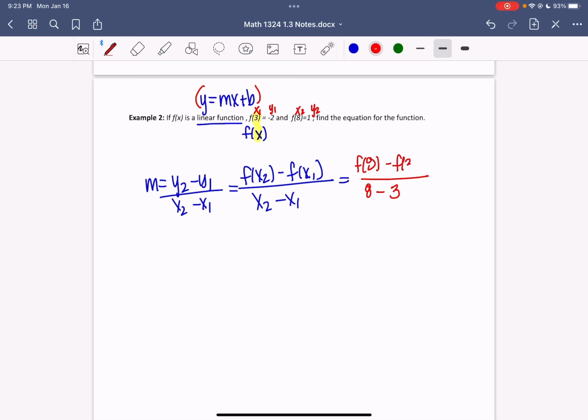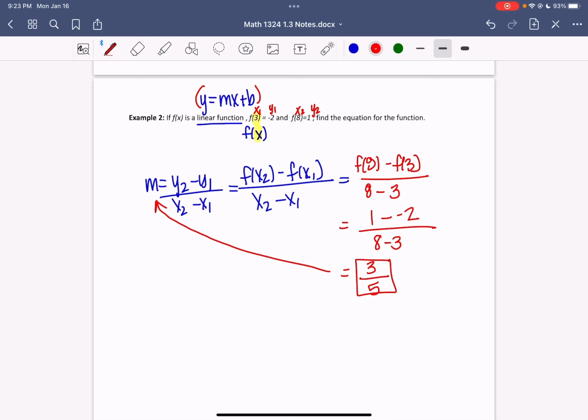And then we know f of 8 minus f of 3. So that would be 8 minus 3. F of 8 we know to be 1 minus f of 3, which is -2. Be careful with those two dashes beside each other. 1 minus -2 gives me a +3. 8 minus 3 gives me 5. So that means the slope for my situation is going to be 3 over 5.